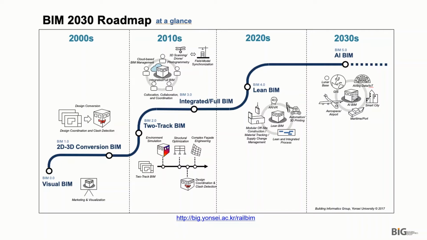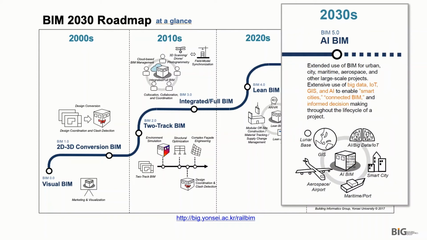So think about modular construction, the popularity of Katerra, the company, and also think about multi-trade modular prefabrication methods and so on, adoption of lean concepts for managing BIM projects, construction projects. Those are all Lean BIM things.